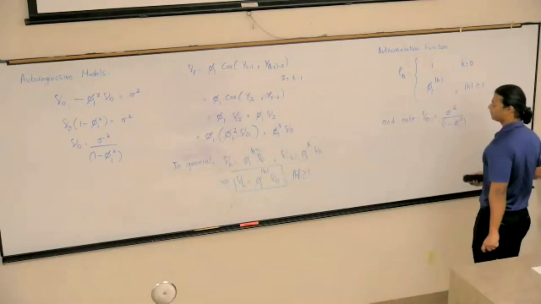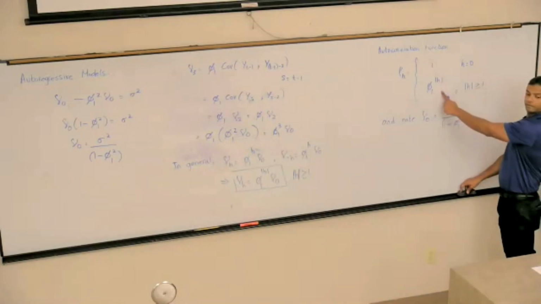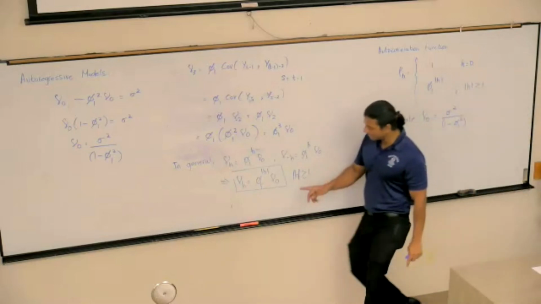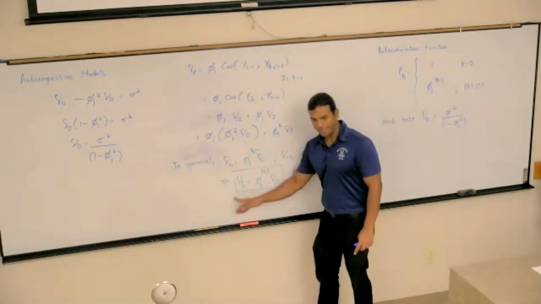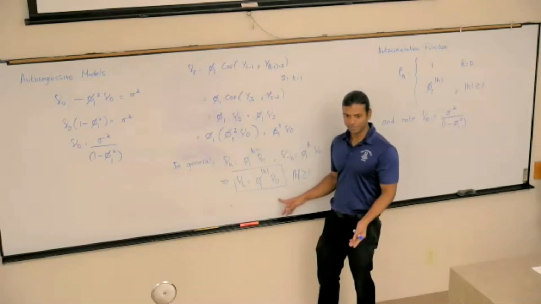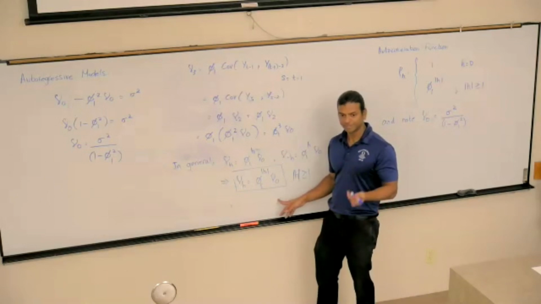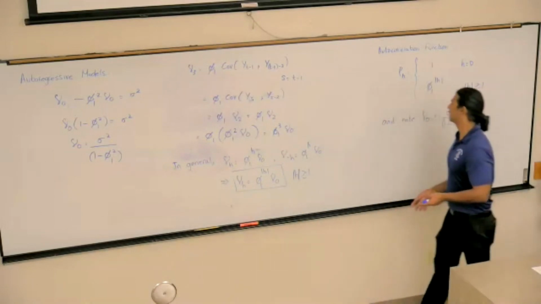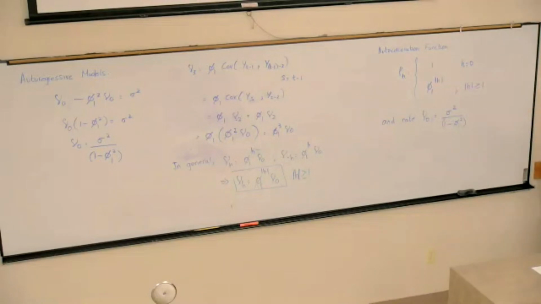No, to get rho h, we have to divide by gamma naught. Oh, so it cancels out. Yeah, it'll cancel out. Right, that's how we did it. When we found rho 1, we took gamma 1 and divided by the variance. And variance is simply gamma naught.